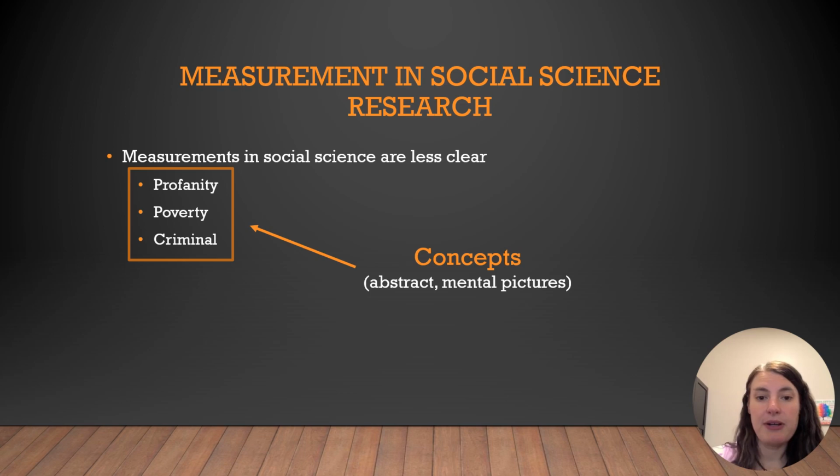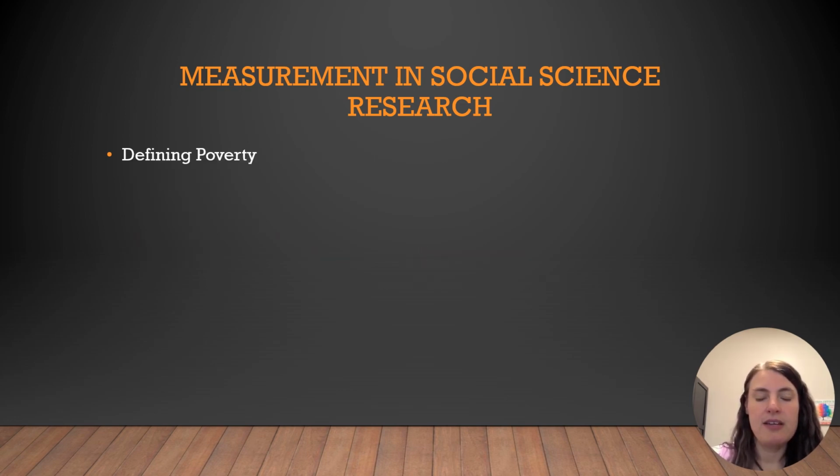When I say that I'm going to measure profanity, I have an image in my mind of what that means in terms of what specifically I'm going to measure. The reason this class, and in particular this module, is so important is that it is not an easy task to take that image from your mind and put it down on paper so that other people can replicate exactly what you're doing. So let's consider another example: poverty.